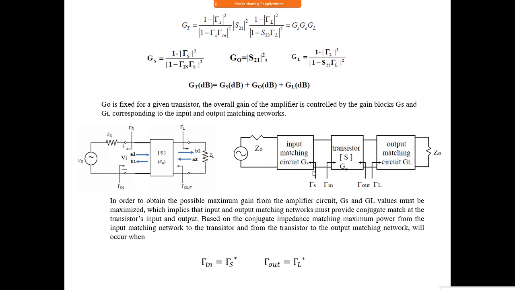So now you should use an impedance matching network here. Gamma S must be selected such that it gives a gain equal to 2 dB. Selecting gamma S means selecting ZS, the input impedance looking towards the source.